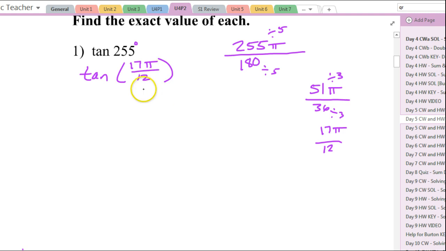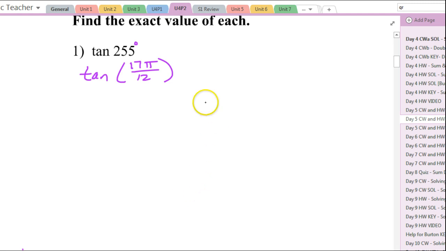Now this is not a special angle, so I need to split this up into two angles that are special angles. One way of figuring out how to break this up into special angles is to subtract a special angle. So I have 17 pi over 12.